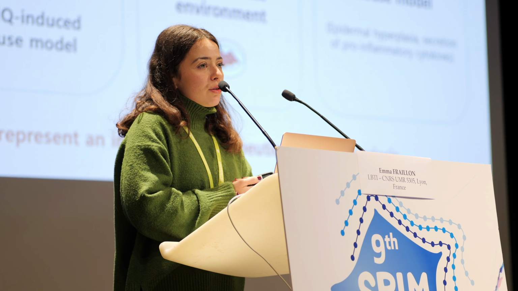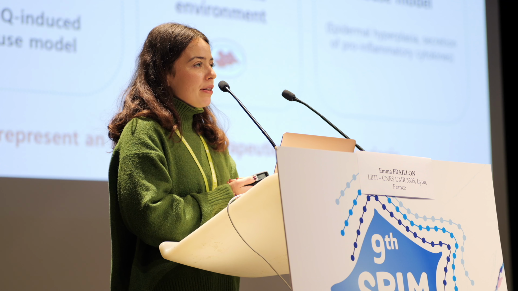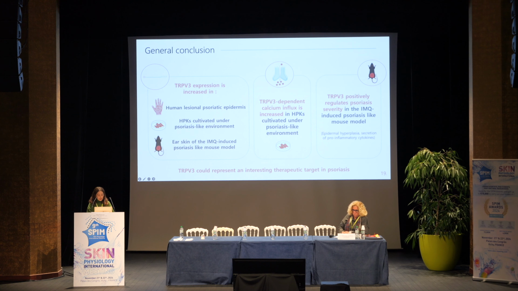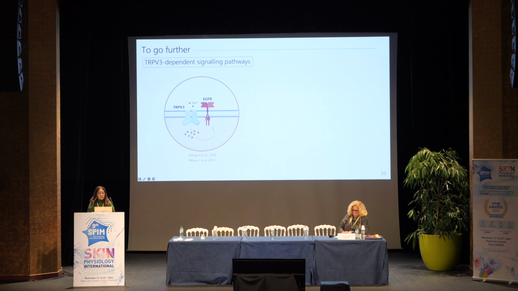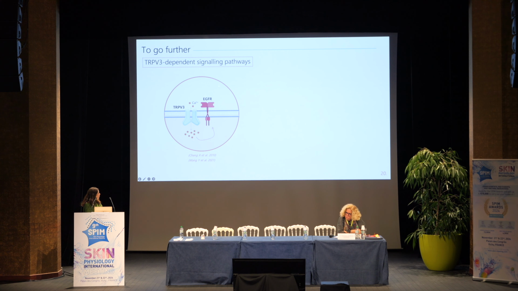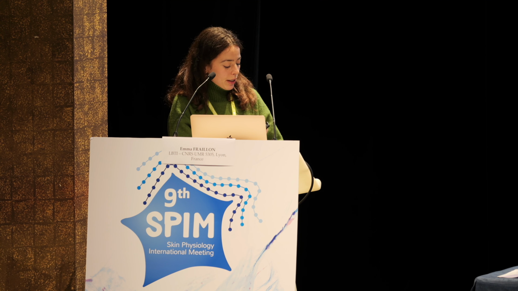Altogether, those results suggest that TRPV3 could represent an interesting therapeutic target in psoriasis. However, there are still some TRPV3-dependent mechanisms that remain to be explored, notably the TRPV3-dependent signaling pathway that could participate in psoriasis inflammation.